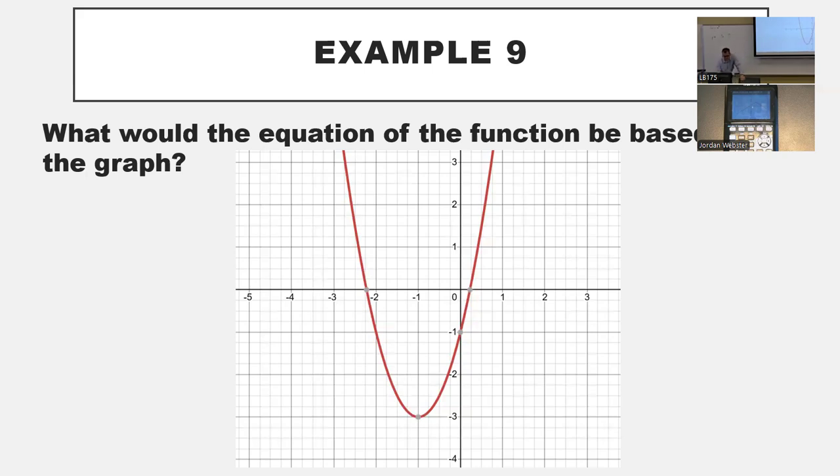We can see that if we're at the vertex and we move right 1 unit, normally we move up 1 unit. Here, as we moved right 1 unit, we went up 2 units.